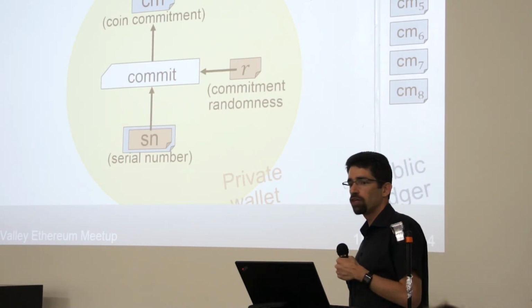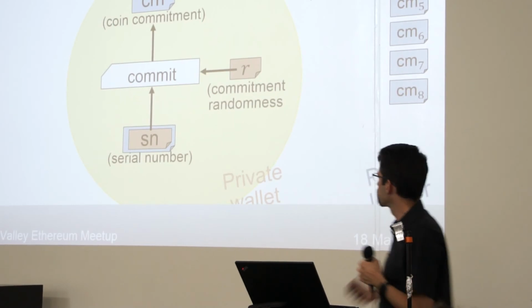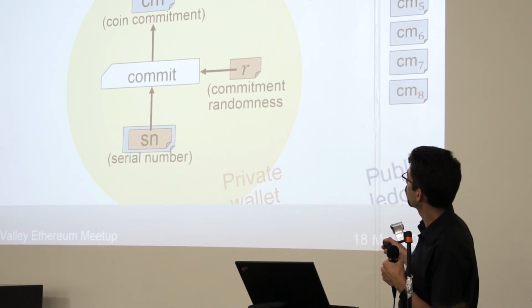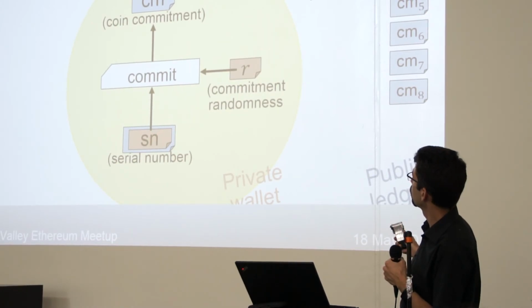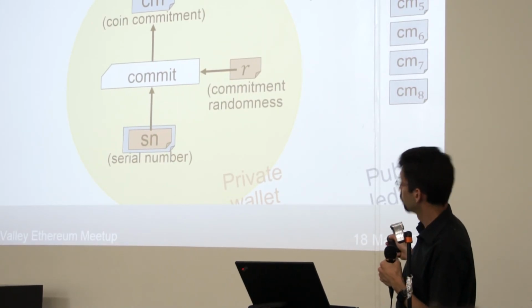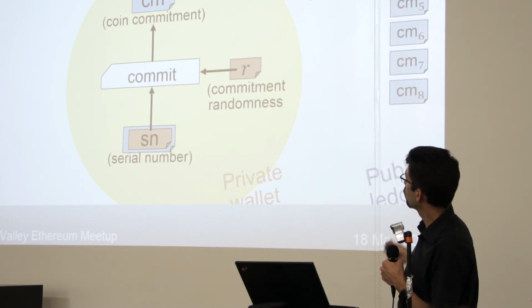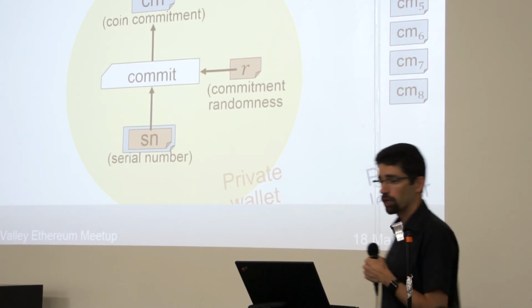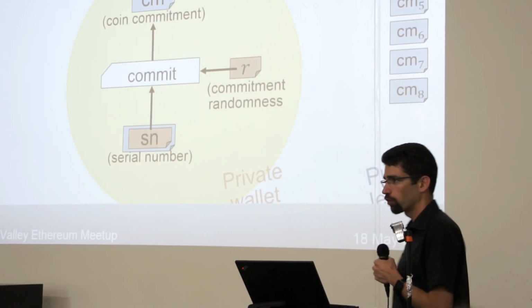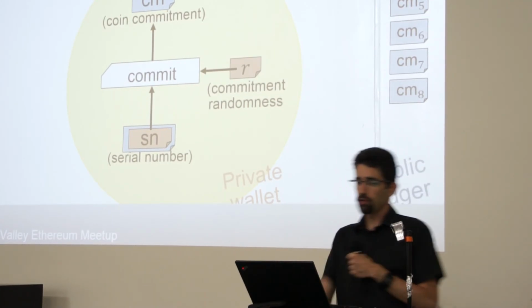But of course, it doesn't give any anonymity, because when I spend, I reveal the serial number, and I reveal the CM, the coin commitment. Revealing the coin commitment lets everybody associate that spending with the original minting that declared that CM. So there is no anonymity whatsoever, and therefore we need a different trick.